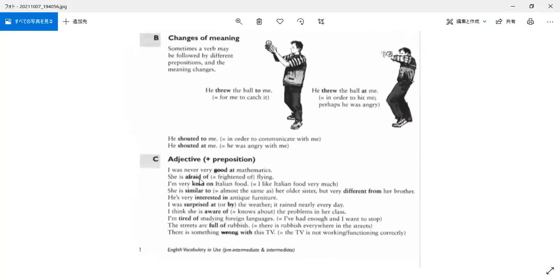Again, this adjective: good, afraid, keen, similar, interested, surprised, aware, tired, full, from, added with the same thing, like on, to, by, of, with, from.